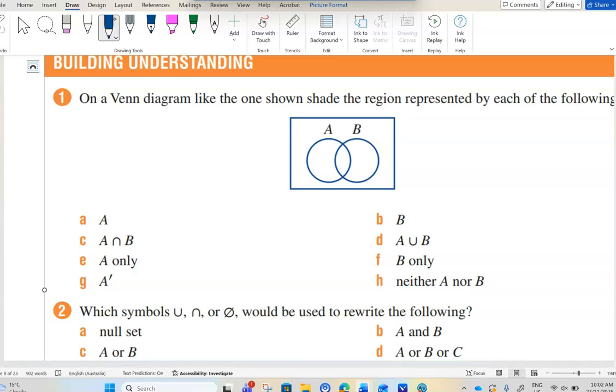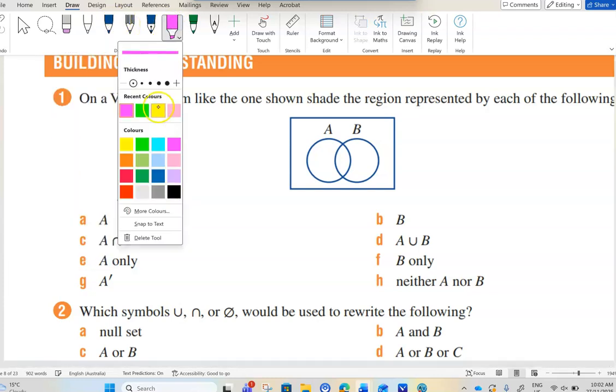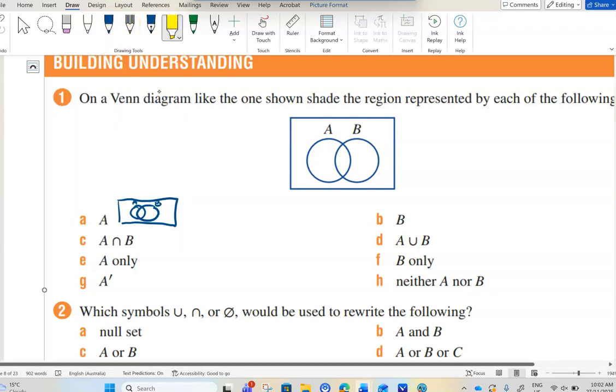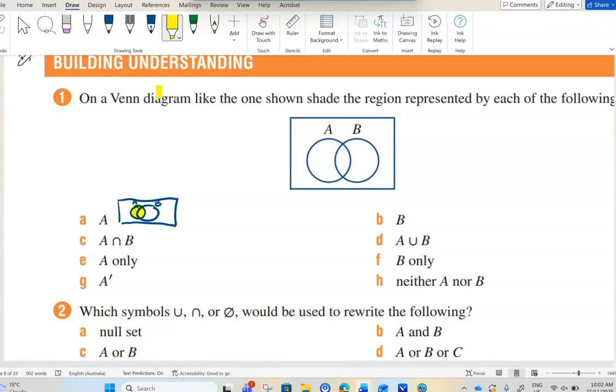So I'm going to draw little diagrams next to it. My first circle is A and B. I'll shade in yellow, just so you can see. If it was A only, you highlight the whole A circle.